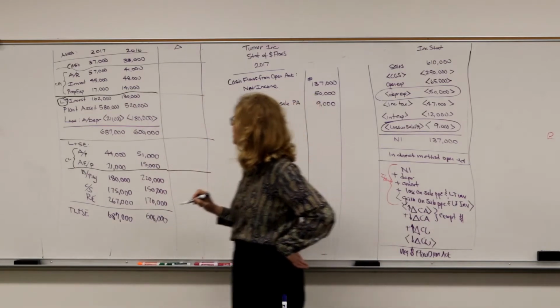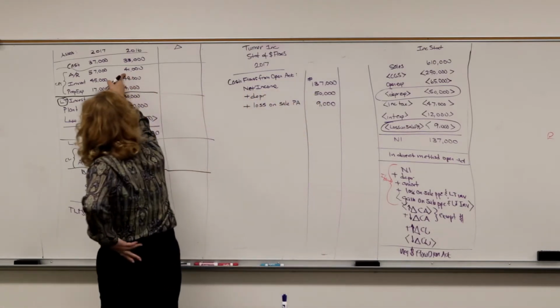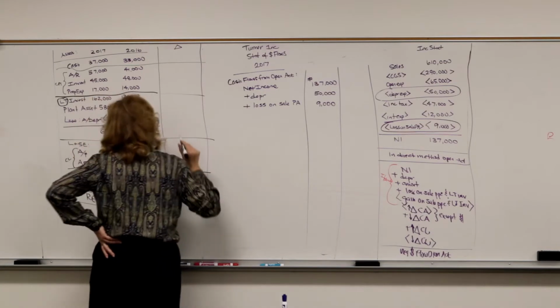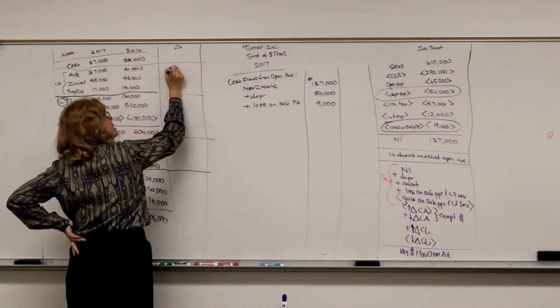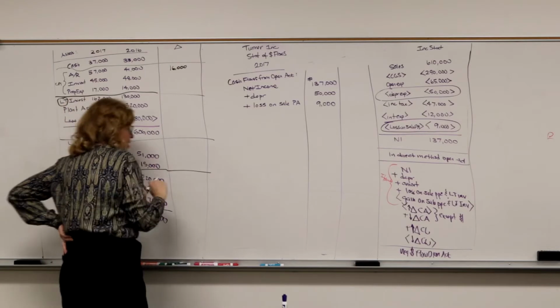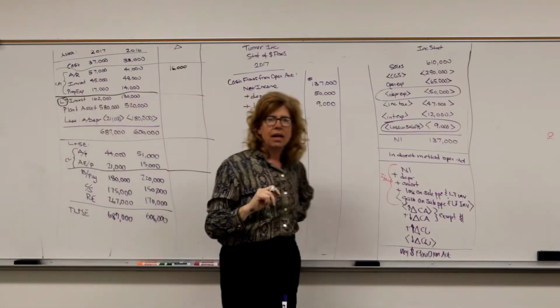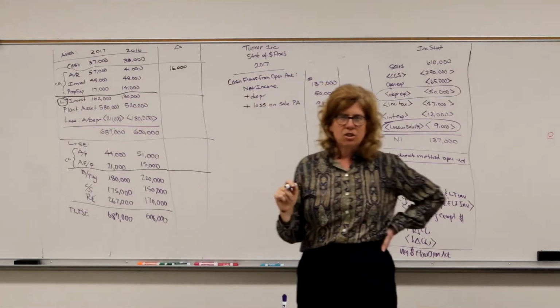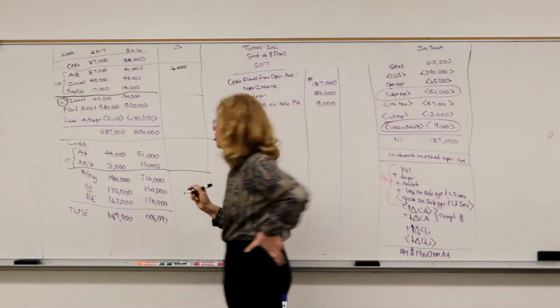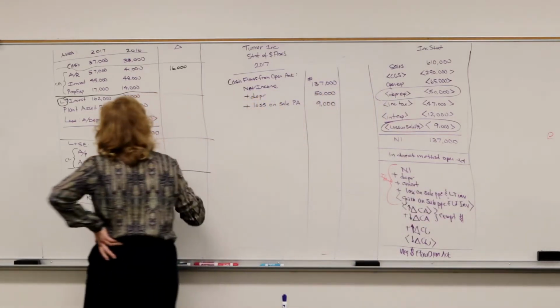So when I see that my accounts receivable last year was 41 and this year it's 57, I see the change is 16,000. Did it go up or down this year? And by this year I'm talking about 2017. To go from 41 to 57, it went up.